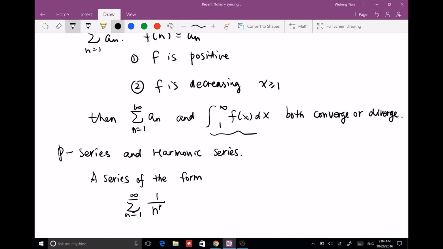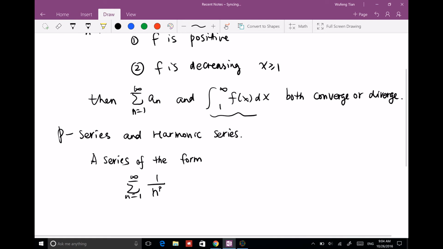When we look at the form 1 over n to the power p, n equals 1 gives 1 over 1 to the power p, n equals 2 gives 1 over 2 to the power p, n equals 3 gives 1 over 3 to the power p, and we continue, n equals n gives 1 over n to the power p, and so on to infinity.